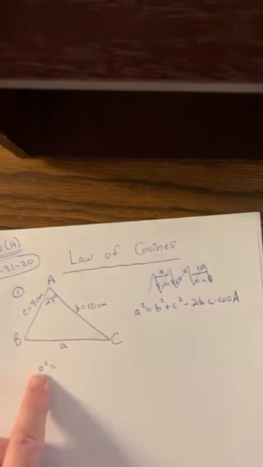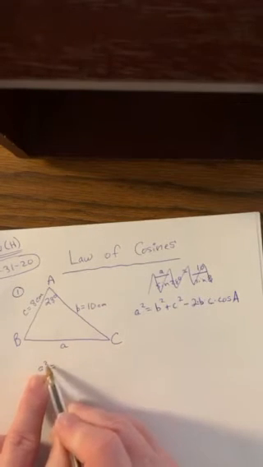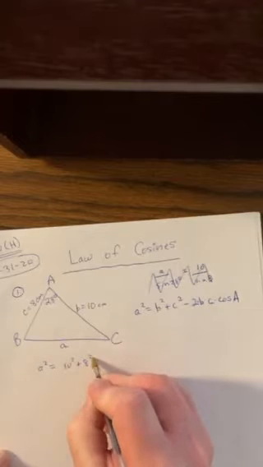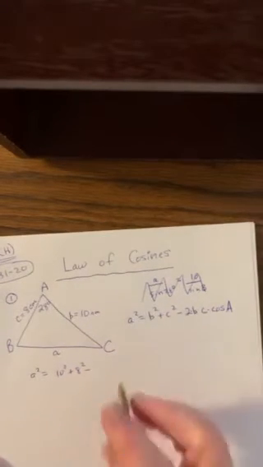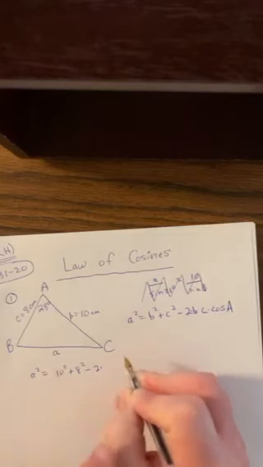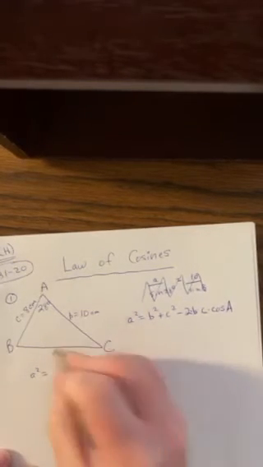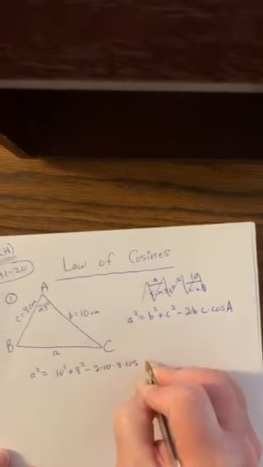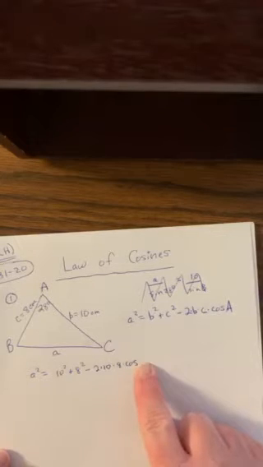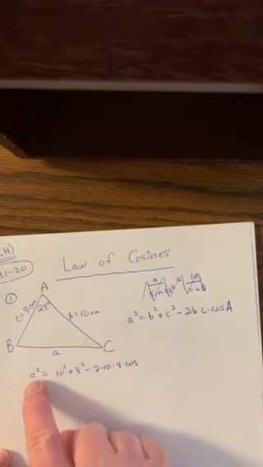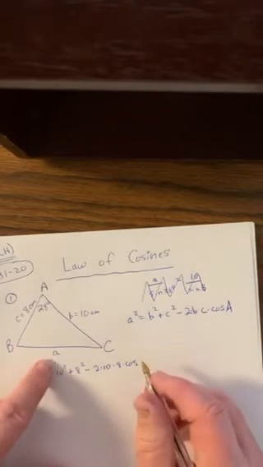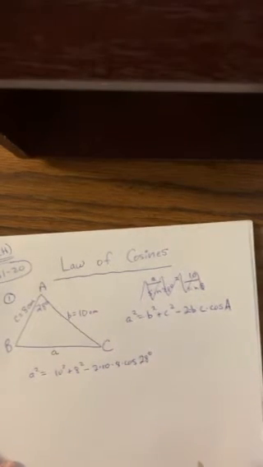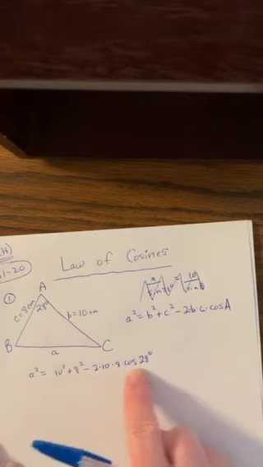On the right, we're going to take 10 squared plus 8 squared minus, following the formula here, 2 times b times c, so 2 times 10 times 8 times the cosine of angle A. Notice capital angle A is across from the side that we started with, which was little a. In this case, angle A across from side a is 28 degrees. So everything you need is filled into this formula.